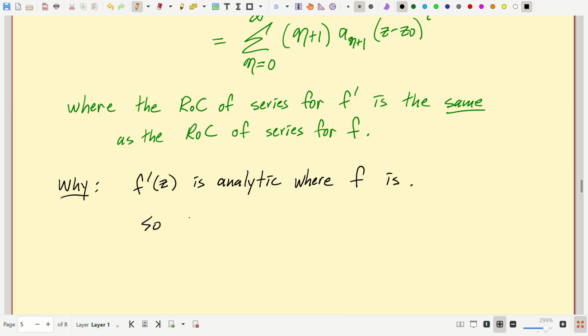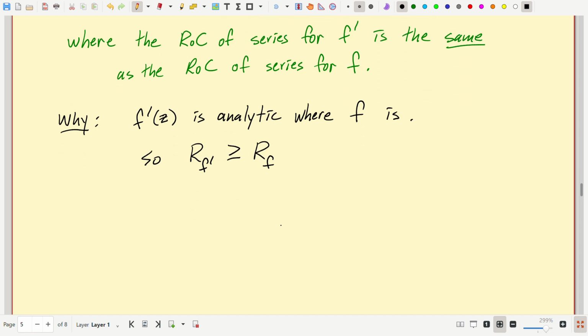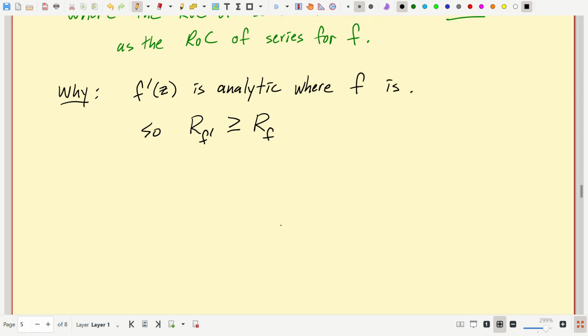So that means the radius of convergence for f prime is greater than or equal to the radius of convergence for f. Okay, how could it be bigger? It can't. So how could the radius of convergence of f prime be greater than R_f?